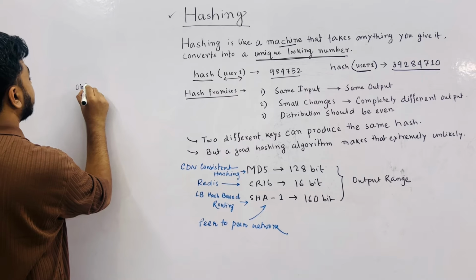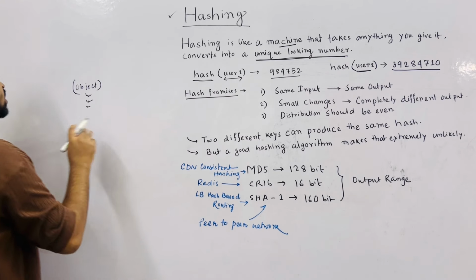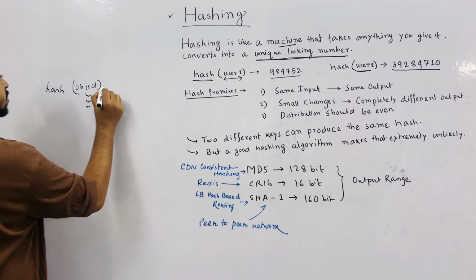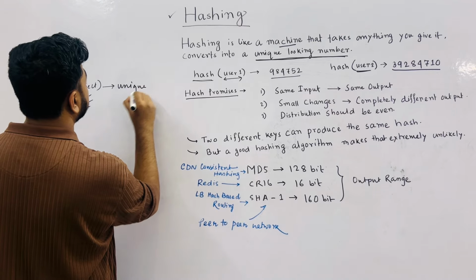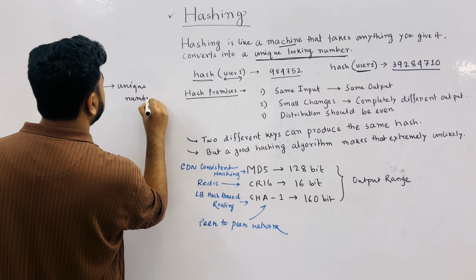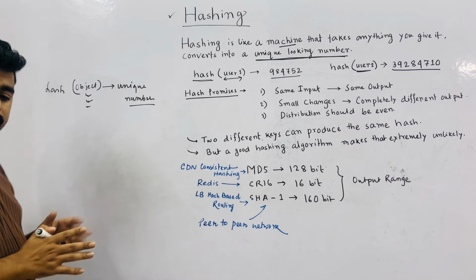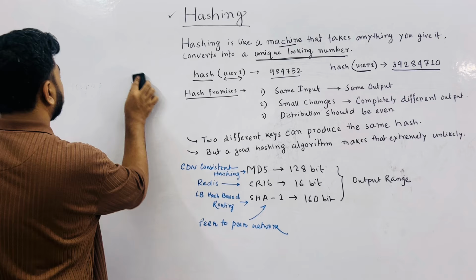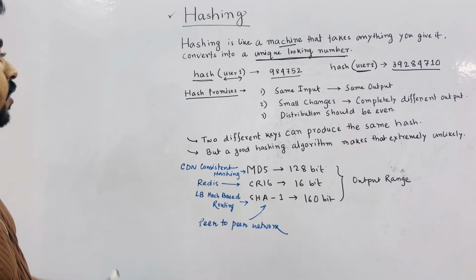You provide anything, it can be a number, a string, an object, anything. If you hash it, it will generate a unique number. That is what hashing is all about. So the whole idea is it will generate a unique number, right?